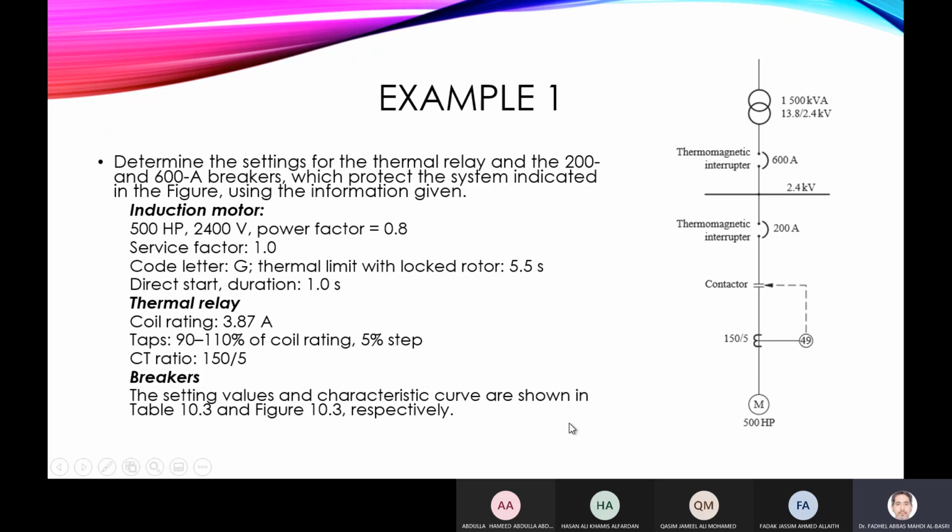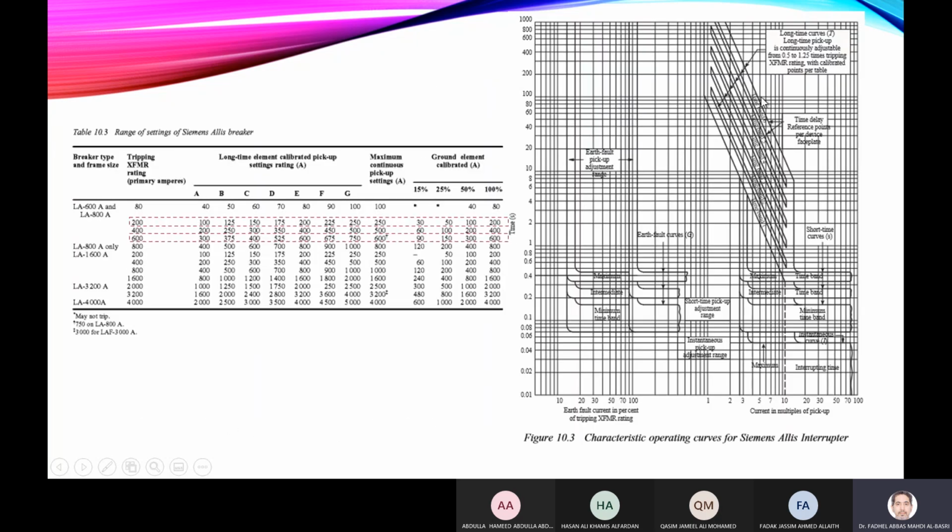The breakers: the setting values and characteristic curves are shown in the following figures. I don't know if you can see it clearly, but this is the 200 breaker.